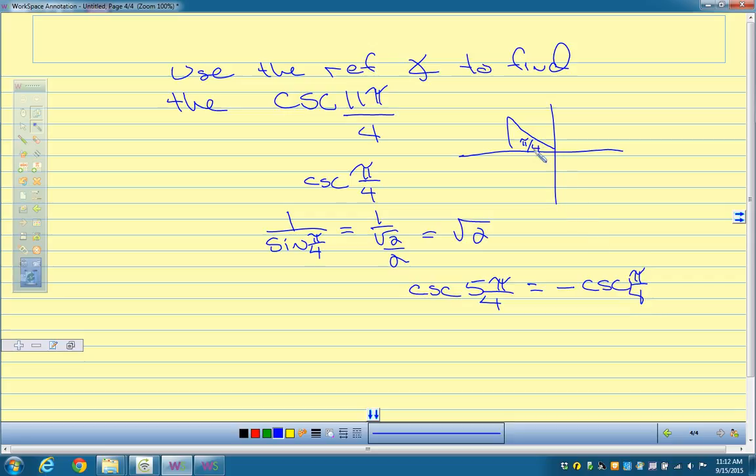Because if I go 5 pi over 4, the reference angle is still pi over 4, but it's in the third quadrant where cosecant is negative. So I would have to stick a negative sign in front of it. It's just another way to do the trigonometry. You still have to know your unit circle, but really all you worry about is angles in the first quadrant, and then you determine if that trig function is negative or positive in that quadrant.